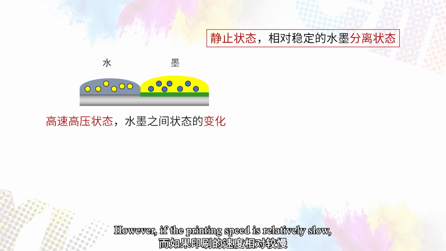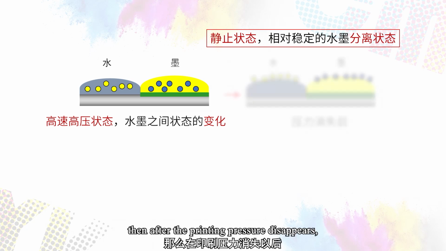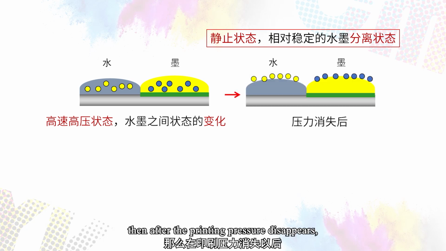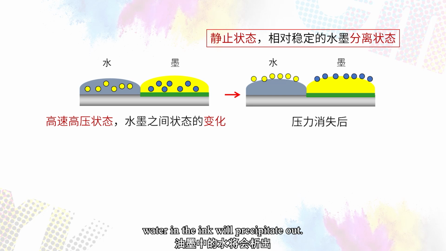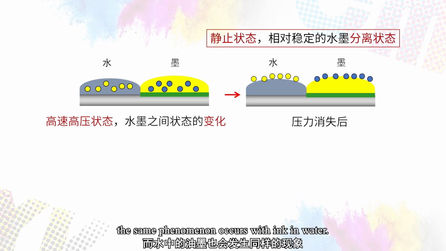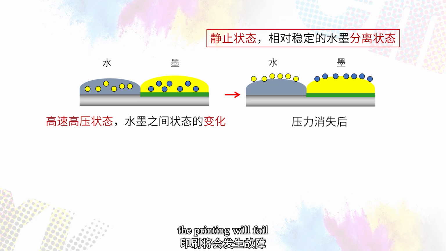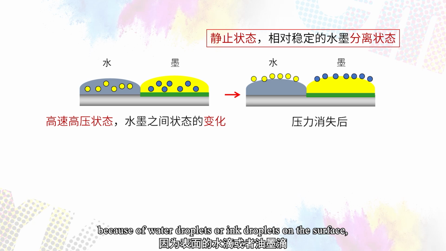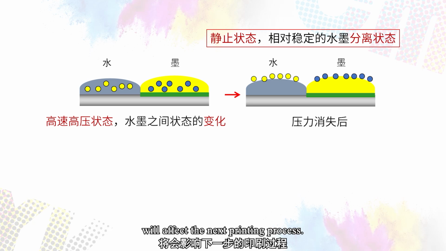However, if the printing speed is relatively slow, then after the printing pressure disappears, water in the ink will precipitate out and form tiny droplets on the surface. The same phenomenon occurs with ink in water. In such a process, the printing will fail, because water droplets or ink droplets on the surface will affect the next printing process.